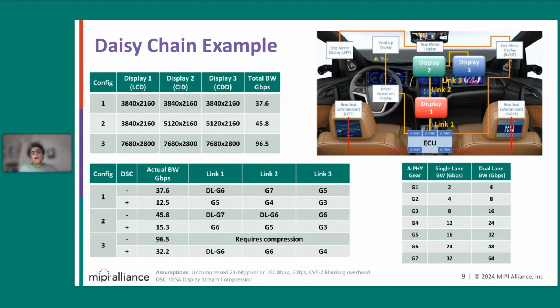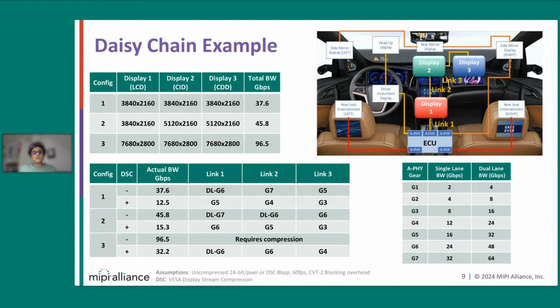And now, if we are considering a different type of resolution on the display, I made an example here with 3 types of configuration with different resolutions for display 1, 2, and 3. And looking at the total bandwidth that we need on the first link, it is very high.